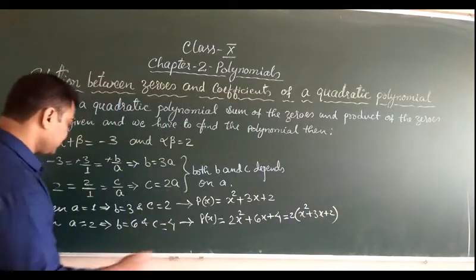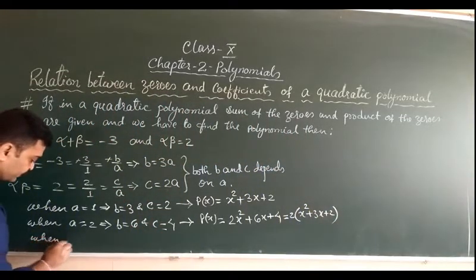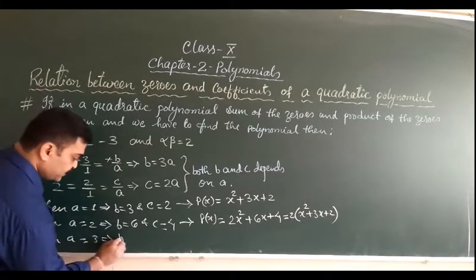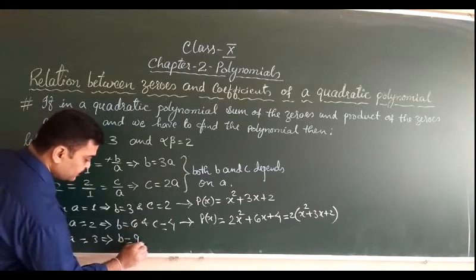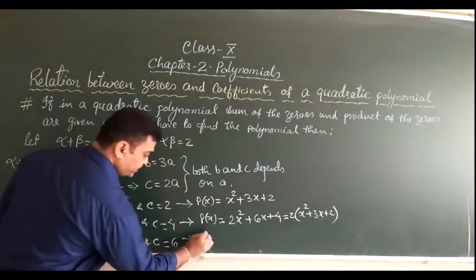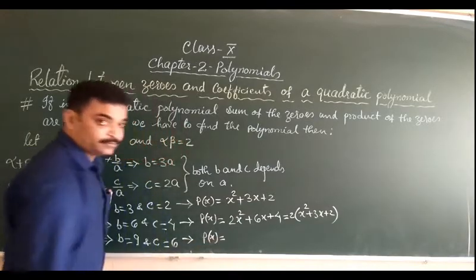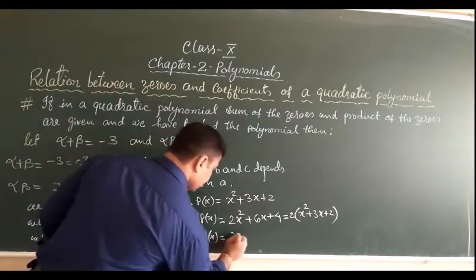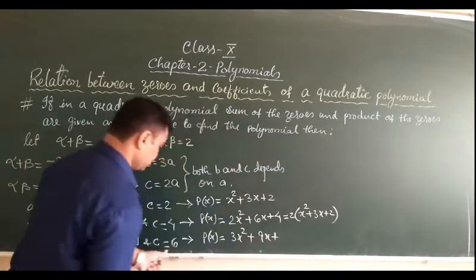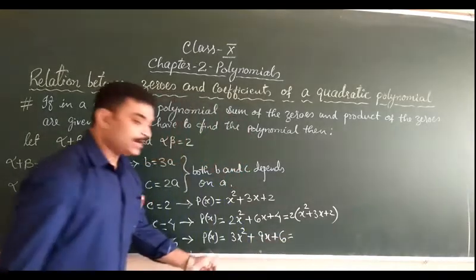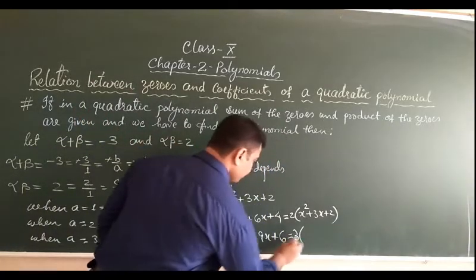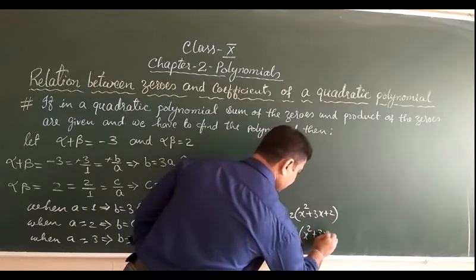Got it? Similarly, when a is equal to 3, then b is equal to 3 threes are 9 and c is equal to 3 twos are 6. This implies p of x is equal to 3x square plus 9x plus 6. And if we take 3 common from here, what we get? x square plus 3x plus 2.